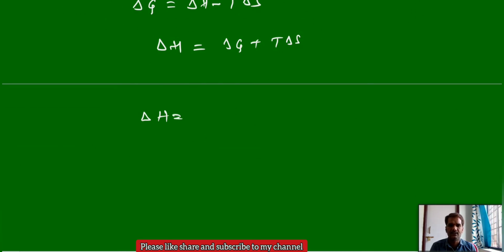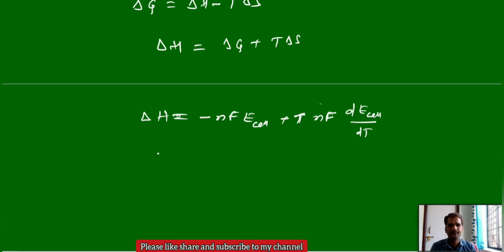Delta G is minus nF E cell plus T into entropy change. Just now we calculated, that is nF into dE cell by dT, and this is overall delta H.